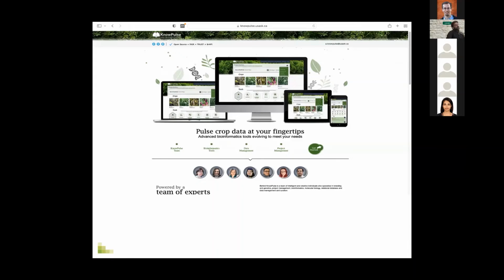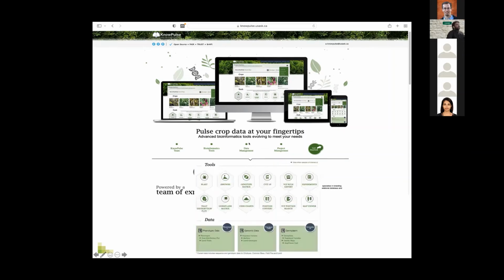But the most important thing here is that we'll have so much data: phenotyping, genotyping, and with high throughput phenotyping, tons and tons of data. So we have our own dedicated team and our own dedicated platform called Nepals, which handles everything from data backup to the tools that we need. In Nepals, you can find tools such as BLAST or Genome Browse.